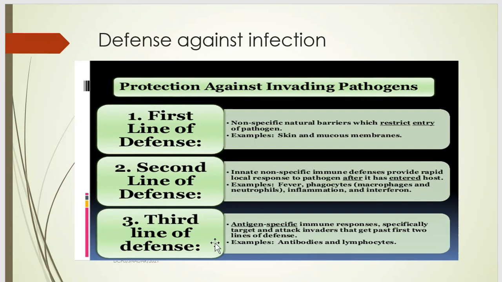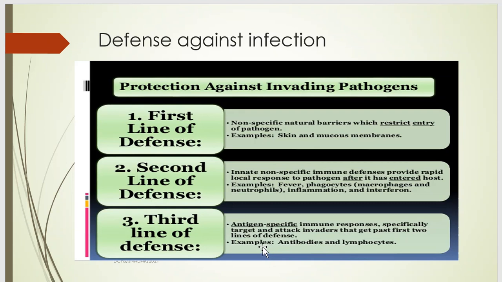The third one is a little more precisely directed against a pathogen. That is called specific immunity. What you see here is the antigen-specific immune response. The best example is when you get a vaccine: our body produces antibodies, and these antibodies stay in our blood.